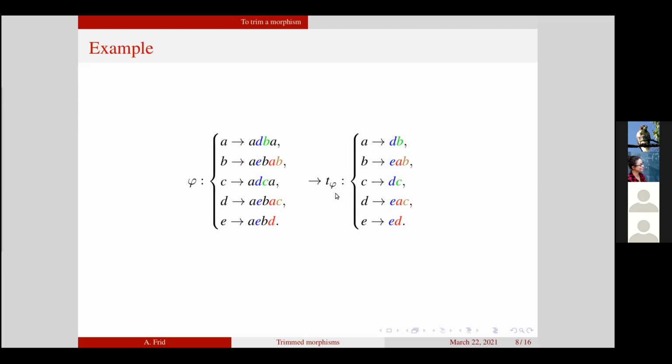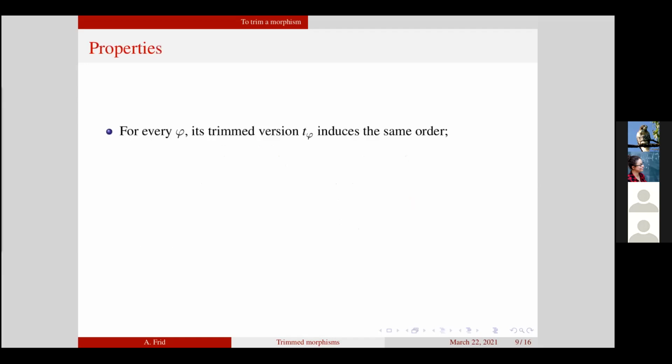So the main idea is that it's sufficient to consider such morphisms and their powers, and not only their powers, but their trimmed powers. And everything will be described. So it's a simple idea, in fact. By the construction, the trimmed version induces the same order of images of letters.